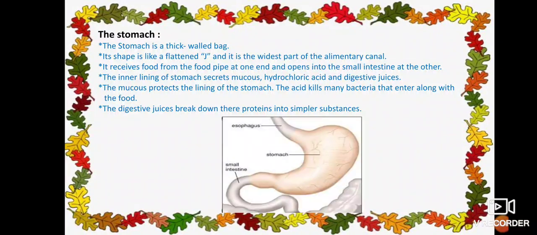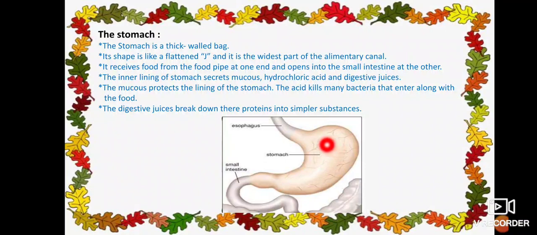See here, this is the structure of the stomach. It is somewhat J shaped. It is flattened, but in the form of a J, and it is the widest part of the alimentary canal. Alimentary canal means the digestive tract, or the way of digestion of food.